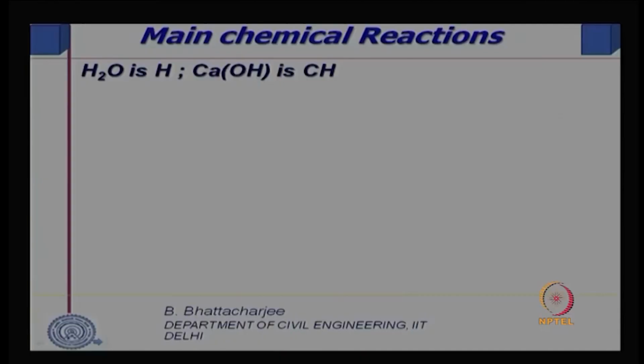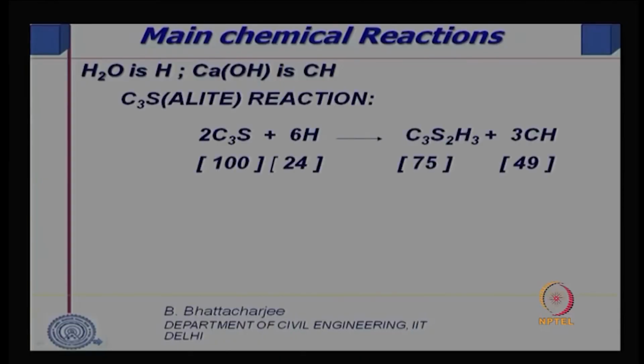Now, the main chemical reactions. We abbreviate calcium oxide as C, and as mentioned earlier, water is abbreviated as H. Thus, calcium hydroxide will be written as CH.